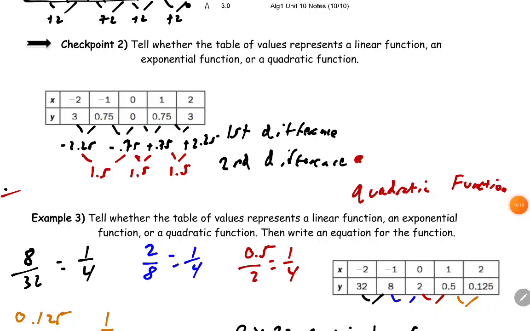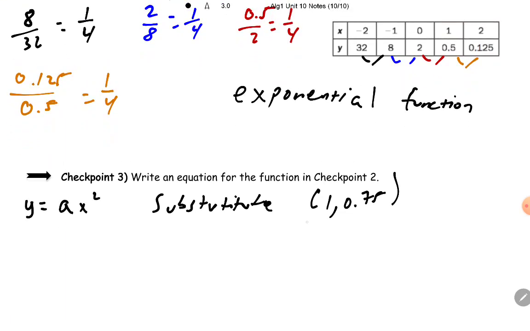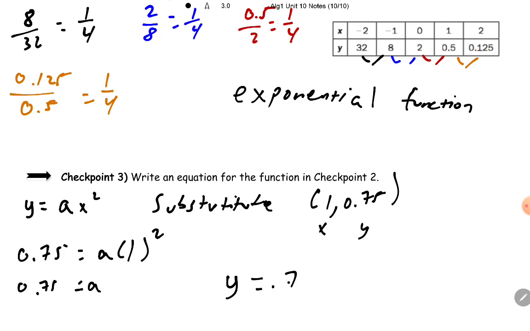I'm going to use (1, 0.75). You can use any of the points that they gave us, and it would work. But I'm going to substitute 1, 0.75 into our equation. So that's our x and y. So 0.75 is equal to a times 1 squared. That means a equals 0.75. So my equation is y equals 0.75 times x squared. And we're done.